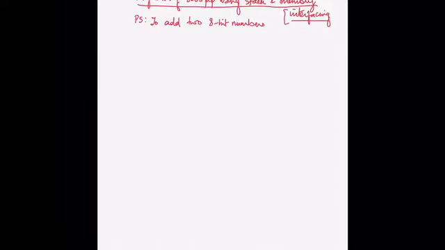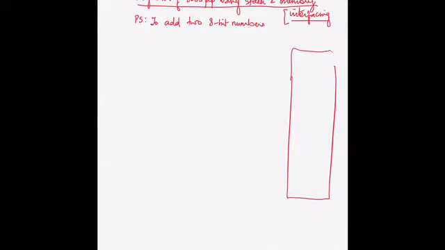This program is generally very useful for your competitive exams. So your memory goes something like this, taking that this is the top of the memory, H, and this is the bottom part of your memory.